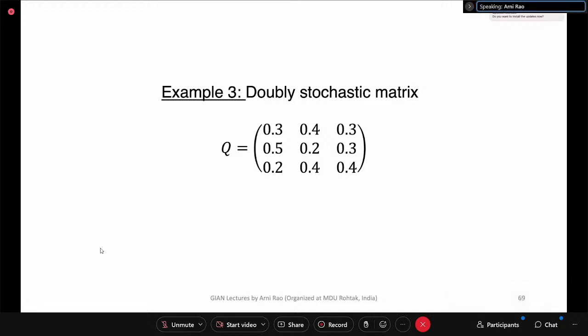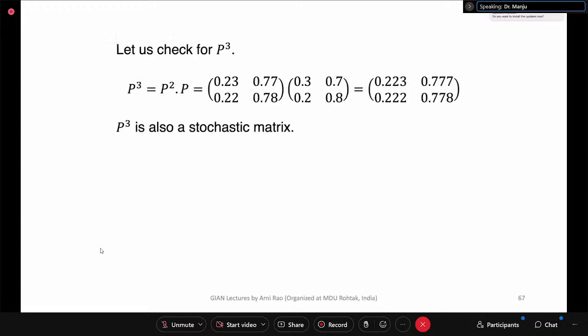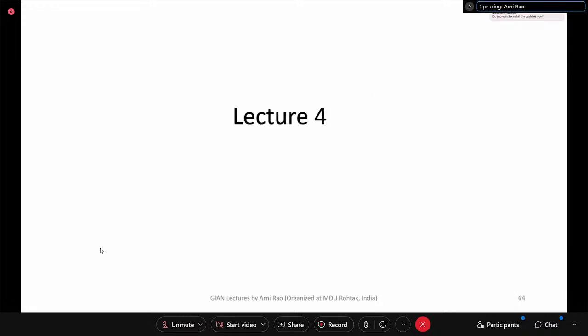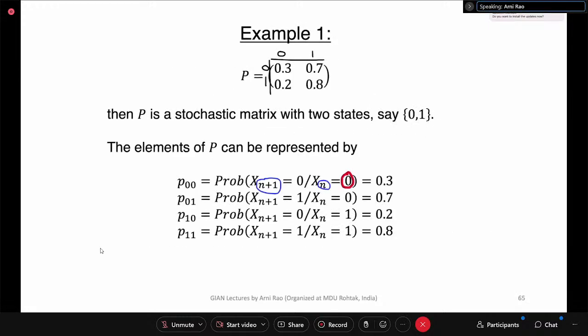Good evening, sir. Sir, can you explain it with the help of an example of blood pressure or temperature? This P square, okay. You mean this example?